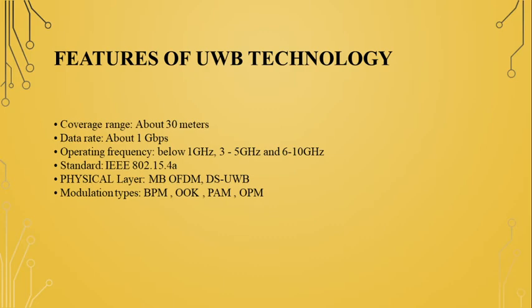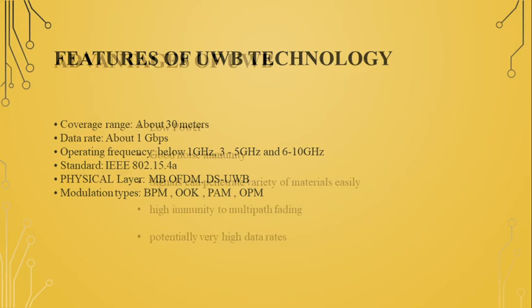The IEEE standard followed for this frequency range is 802.15.4a. The physical layers are mainly multiband OFDM and direct sequence UWB, and the modulation types used in this UWB technology are bandpass, OOK, PAM and PPM modulation schemes.